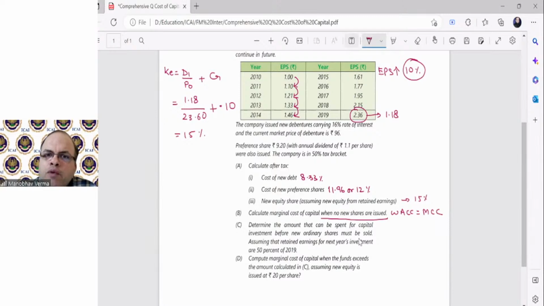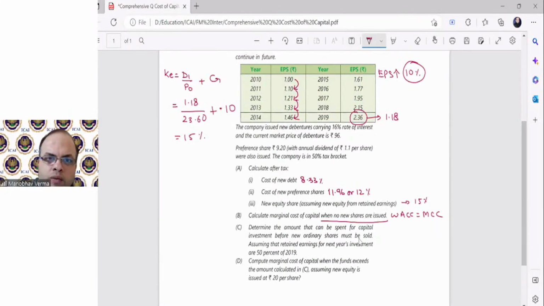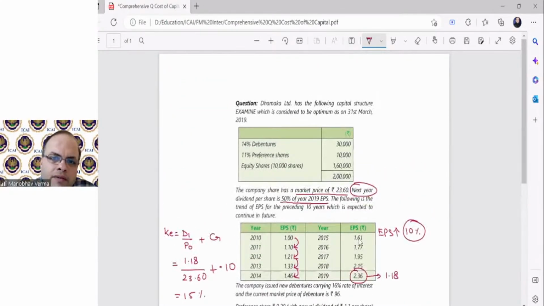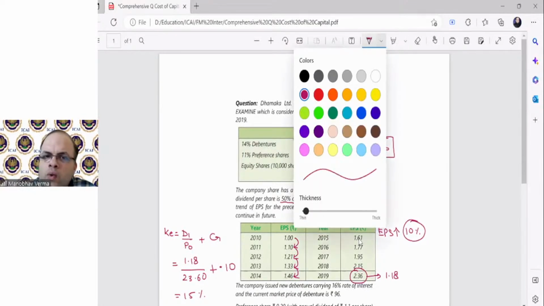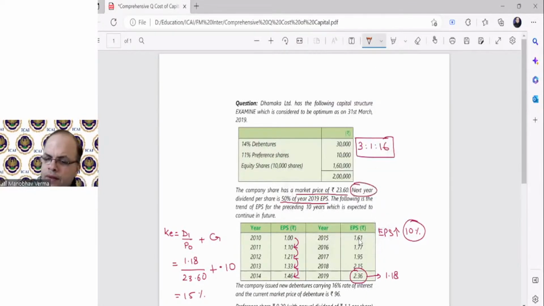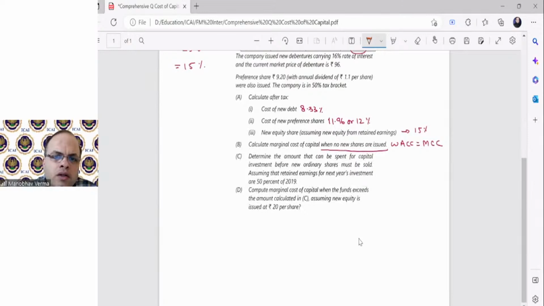So what is the capital structure? If we have to calculate, what is the capital structure? We have 3:1:16. So what will be my WACC?